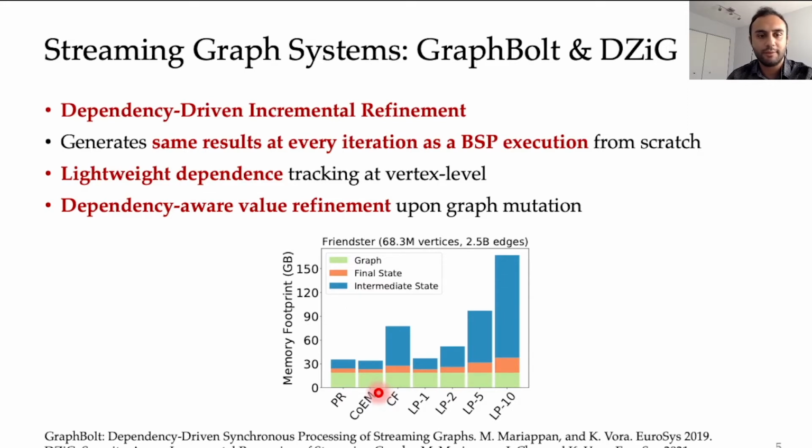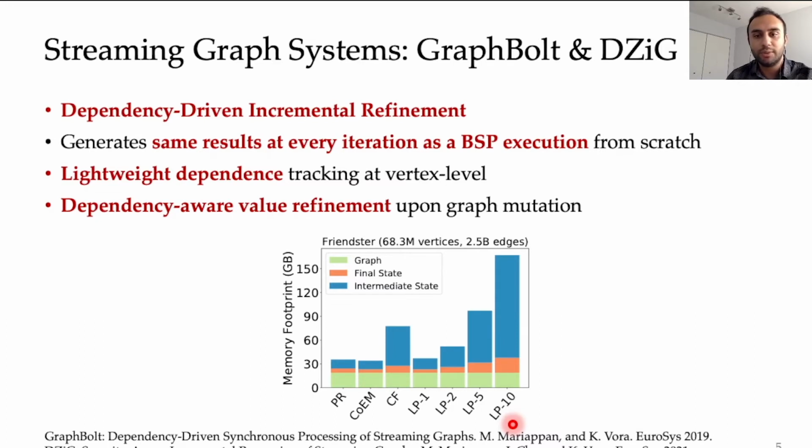So for graph applications like PageRank and CoEM, where only 4-byte or 8-byte values are tracked per vertex, the size of intermediate state is tolerable. However, for applications like collaborative filtering or label propagation, especially with larger label sets like LP5 and LP10, the footprint is very large. This is mainly because the intermediate states are much larger compared to other components.